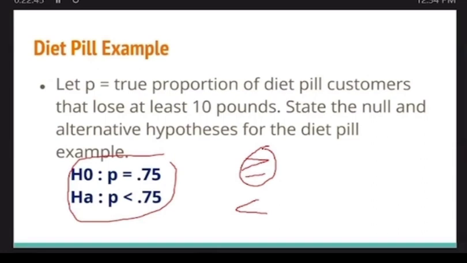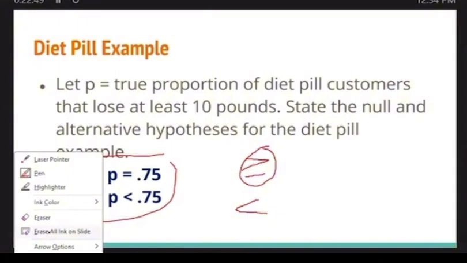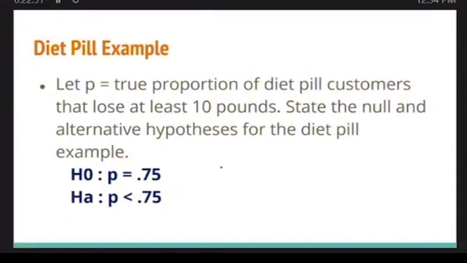And let me also tell you this. I need you to pay attention now. Under the null hypothesis, depending on the kind of textbook that you are using, there are three possible signs the null hypothesis can have: equality, less than or equal, greater than or equal.